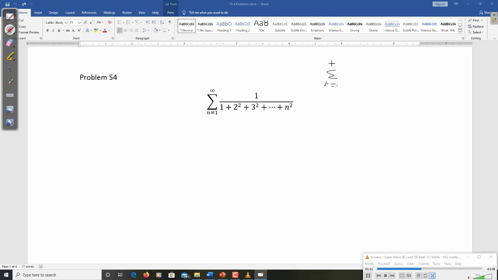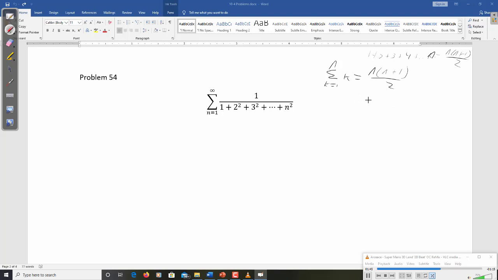The sum from k equals 1 up to n of k, so 1 plus 2 plus 3 plus 4 plus all the way up to n, is just n times n plus 1 over 2. There's a formula for that. It actually comes from Gauss.